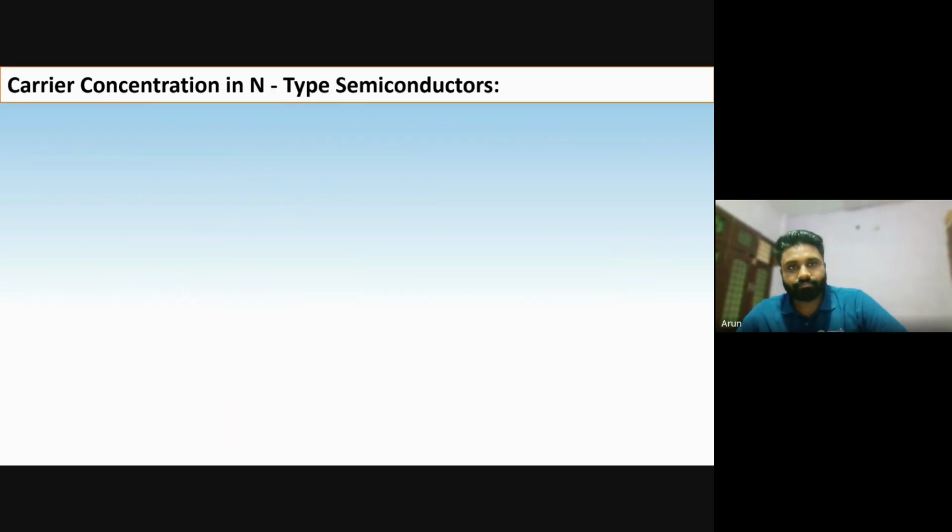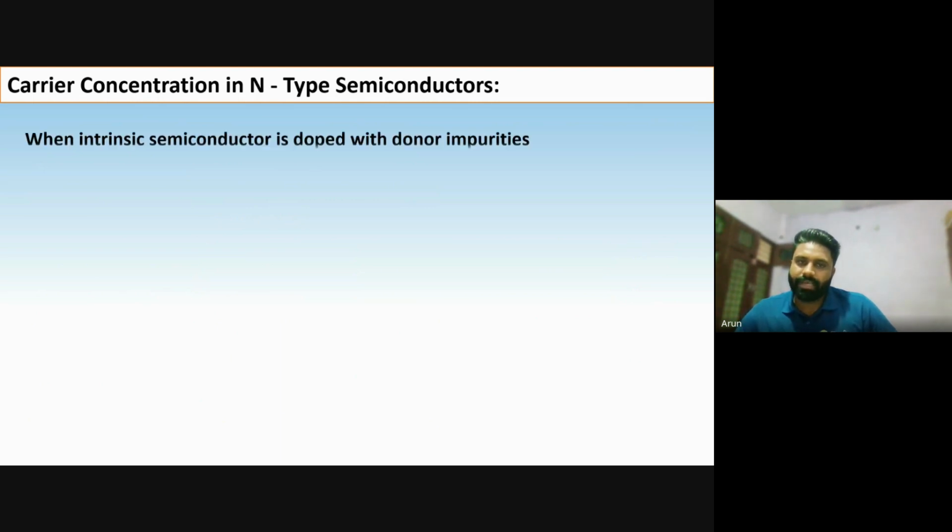Now, the carrier concentration in n-type semiconductor, which means who are responsible for the conduction of electricity in n-type semiconductor. We have to find that out. So when intrinsic semiconductor is doped with donor impurities, and who is the donor here? Donor impurity is arsenic, but arsenic has donated what?